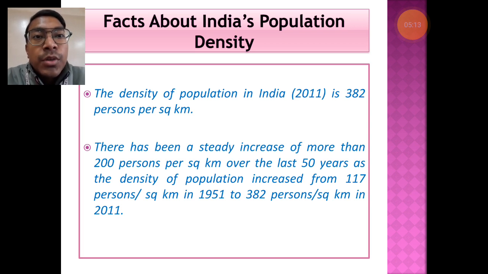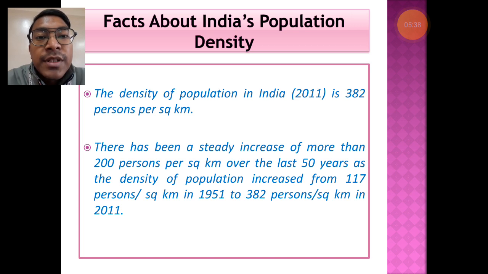The total population of India is 1210 million, and the total available land is 3.28 million square kilometer. So when we divide 1210 million population by 3.28 million square kilometer, we get the average number of people, that is 382 persons per square kilometer. This is the average density of population in our country.